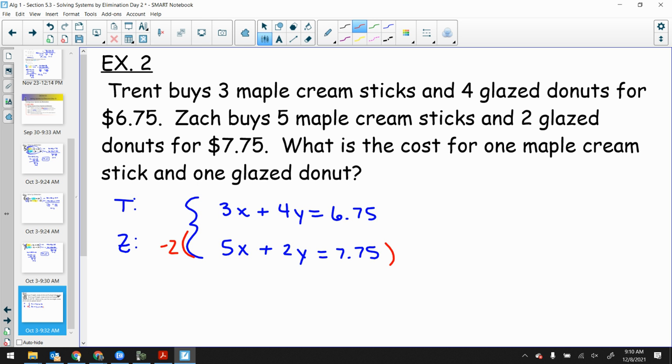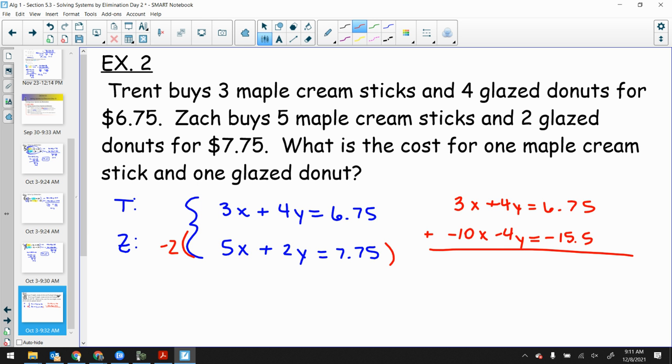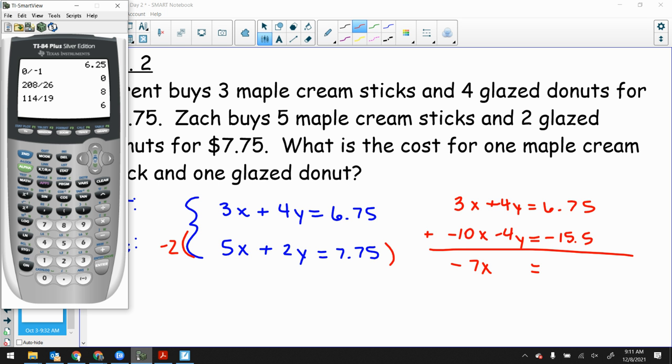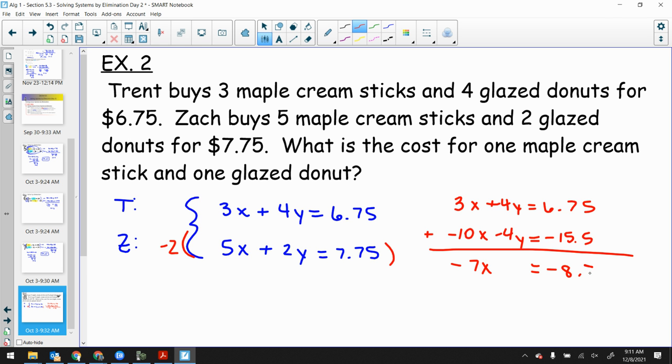Now, the top equation remains the same: 3x plus 4y is 675. The bottom equation is -10x minus 4y, and 775 times -2 is -1550. Now I add down. -7x equals 675 minus 1550, which is -875.